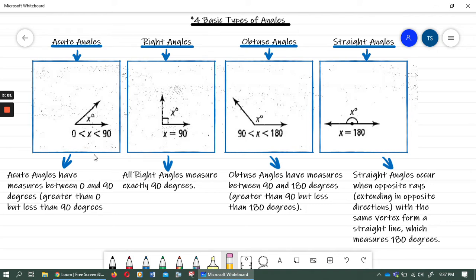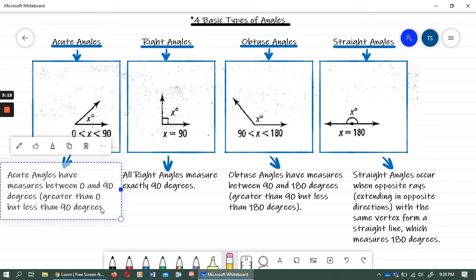Acute angles have measures between 0 and 90 degrees: greater than 0, but less than 90 degrees.